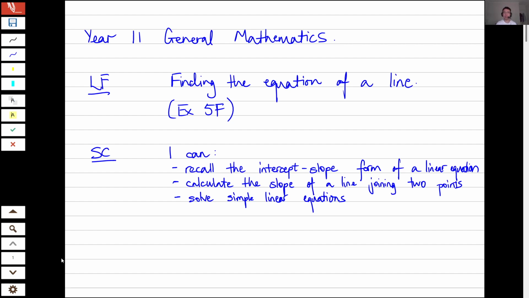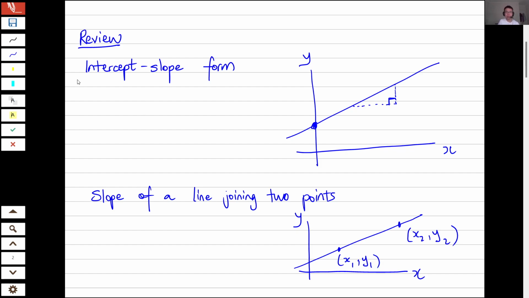So let's get underway. We'll start by reviewing the material that we did in Head Start. We defined this thing called the intercept slope form, which was y equals a plus bx. And we gave meaning to these two numbers a and b.